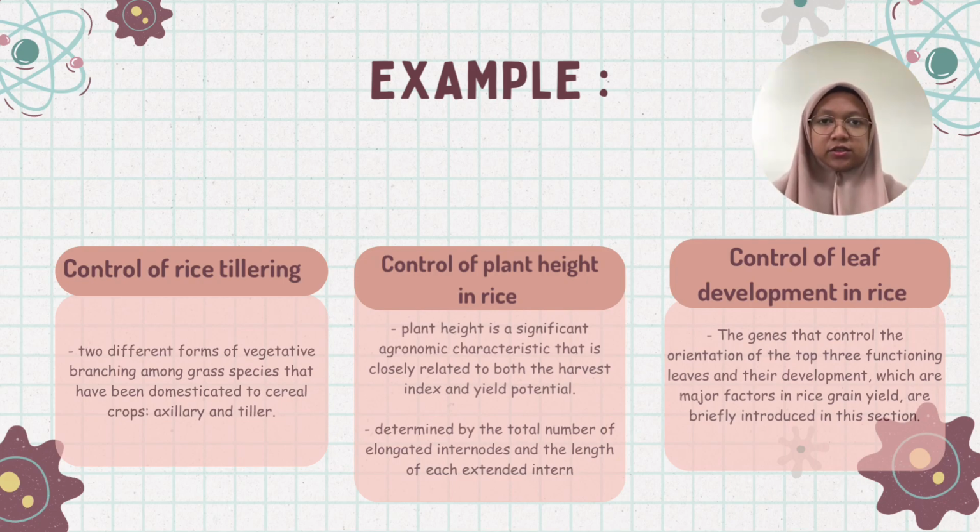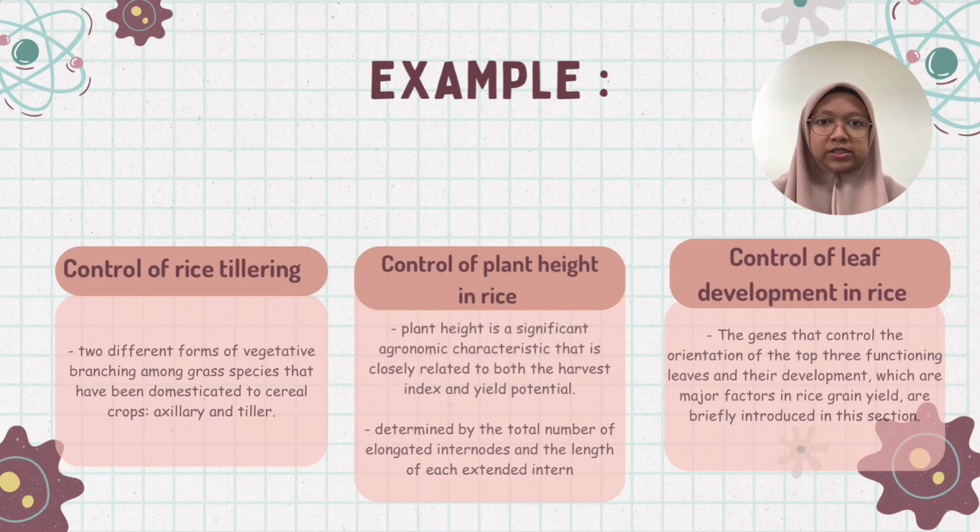Alright, the next one is control of plant height in rice, because it is a key component of plant architecture. Plant height is a significant agronomic characteristic that is closely related to both the harvest index and yield potential.